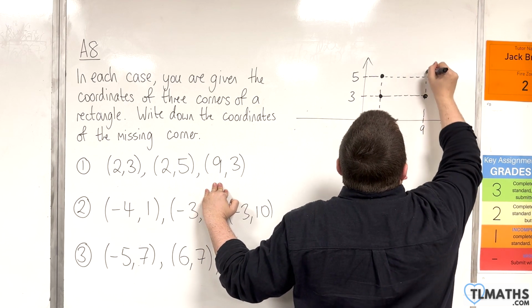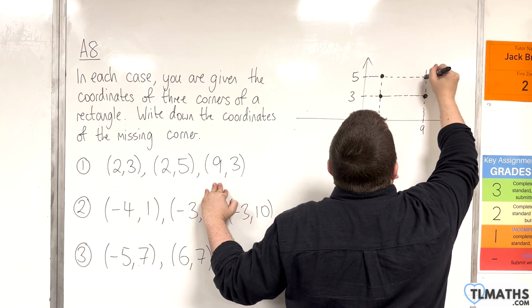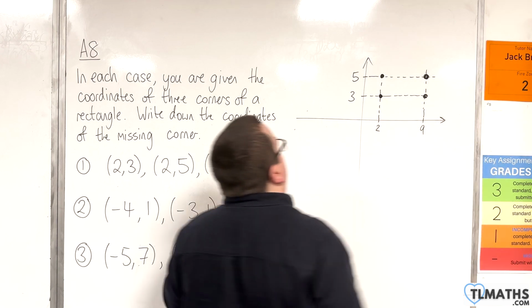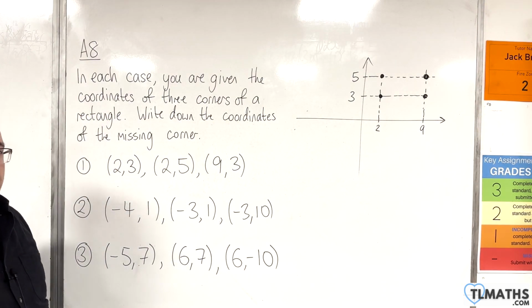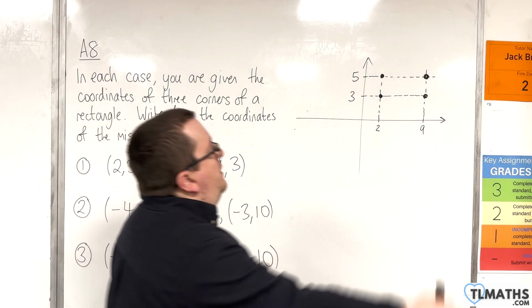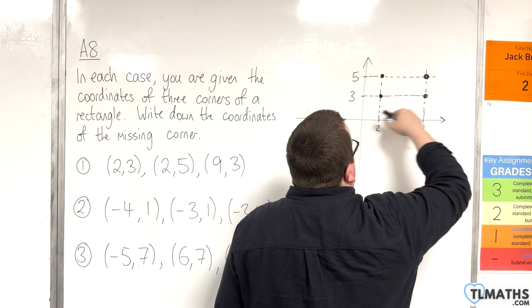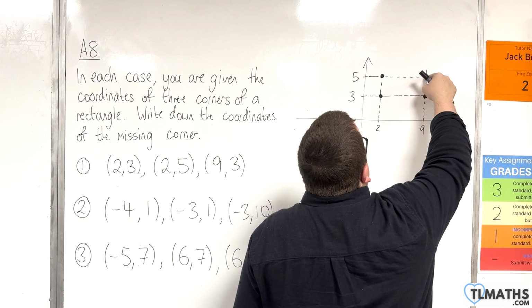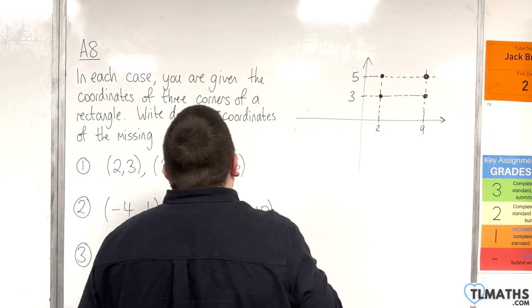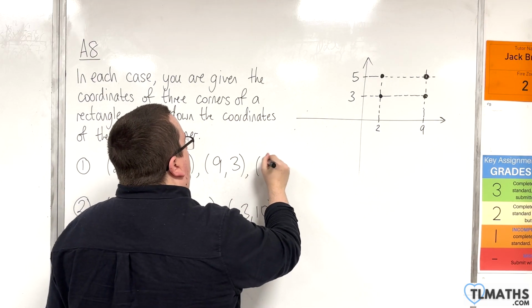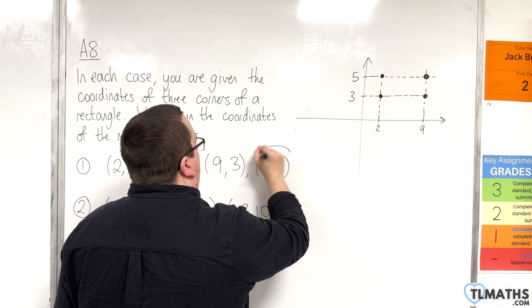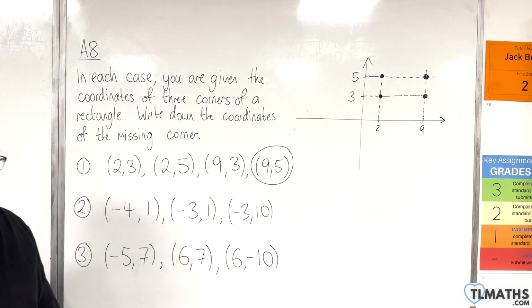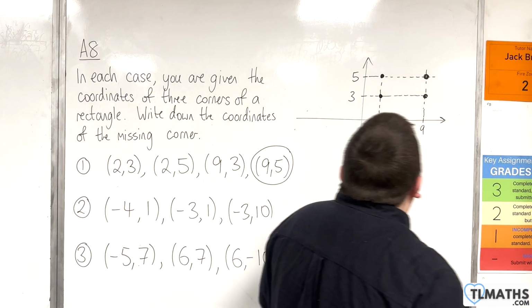And our missing point is right there. That will make the rectangle. So this point here is 9 along the corridor, 5 up the stairs. So 9, 5 is the one I want. That's the extra point. Okay? Right. Grand. Let's go for the next one.